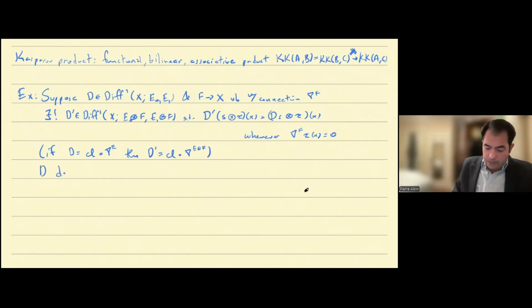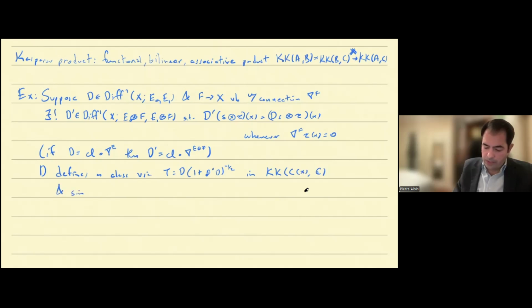D defines a class via the bounded transform in KK of C of X, complex numbers.